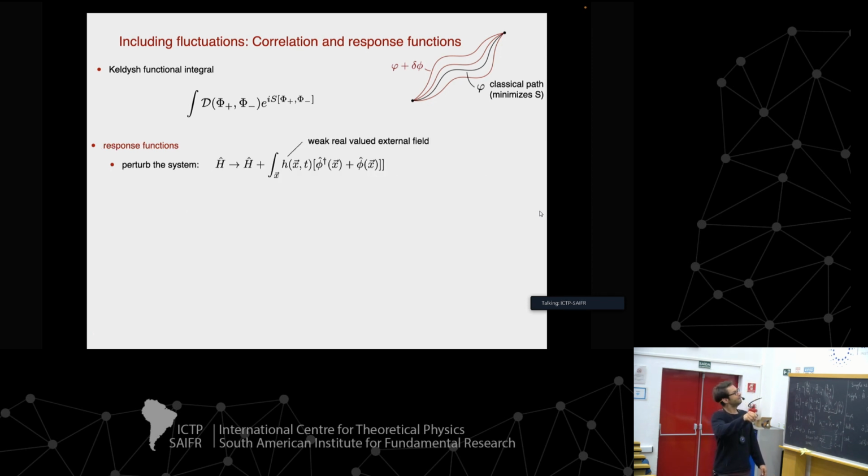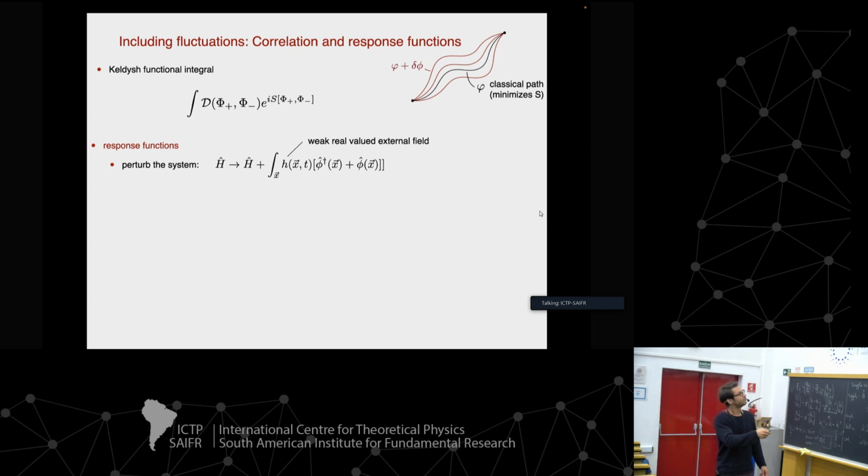Okay, next thing, let's go to this other object, the so-called response functions, and that is the type of fluctuations that come in when the system is perturbed.